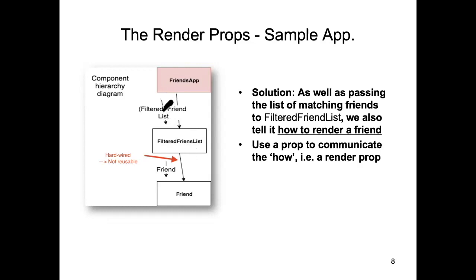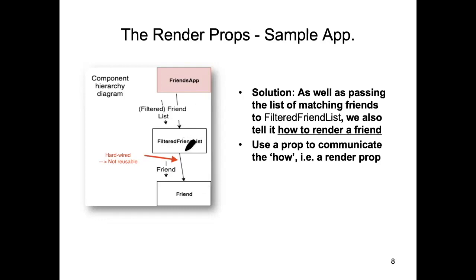I'm still going to be passing my array of friends down into this component, and this is the one that's going to be changing as a result. But as well as passing the array of friends, I'm going to pass down an additional prop, which is going to be my render prop. That prop is going to enable my filtered friends list to display my friends in the way that I want them to be displayed, whether that be their name with an image or their name and their email address.